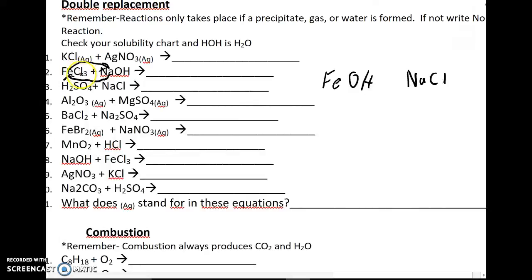So if I look at my iron in FeCl3, there are 3 chlorine atoms in this compound. Each chlorine atom has a -1 charge. So if it has a -1 charge, the total negative charge would be -3. 3 times -1, which means that my iron has to have a +3 charge.